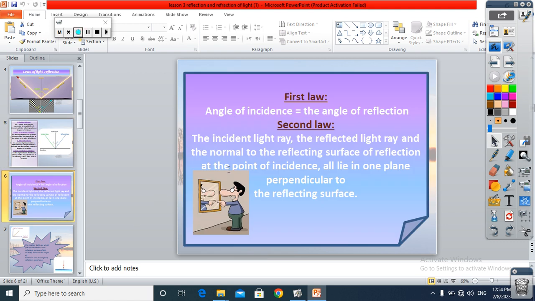So, as we said, we have two laws of light reflection. The first law: the angle of incidence equals the angle of reflection. The second law: the incident light ray, the reflected light ray, and the normal to the reflecting surface at the point of incidence all lie in one plane perpendicular to the reflecting surface.